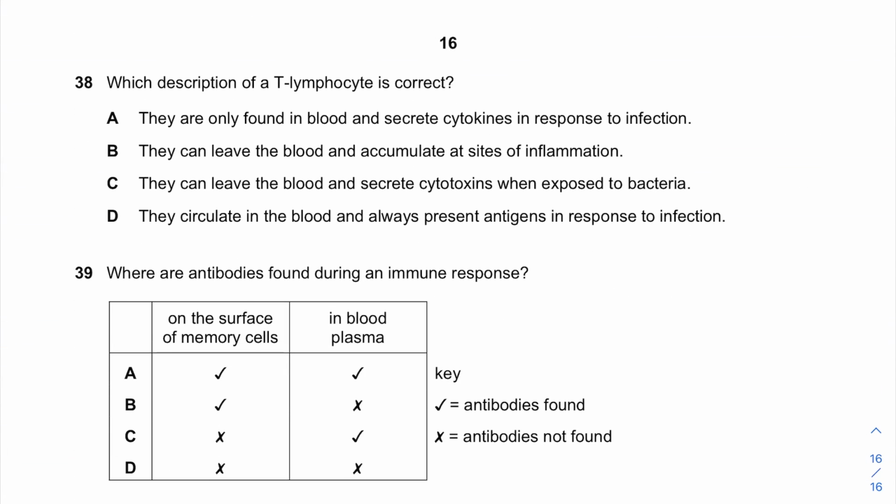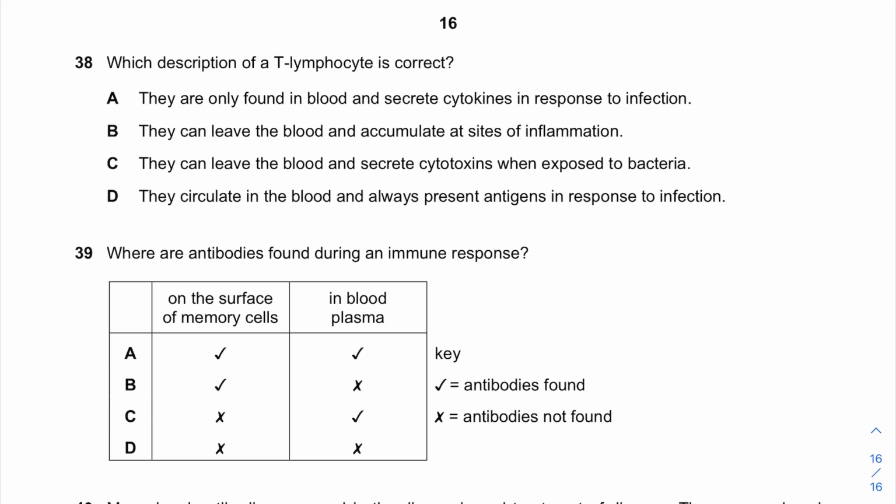Question 38. Which description of a T lymphocyte is correct? They are only found in blood and secrete cytokines. That is wrong. They can be found in blood, but they can also be found along things like your lymphatic system and so on. They can leave the blood and accumulate at sites of inflammation. Yes, that is correct.